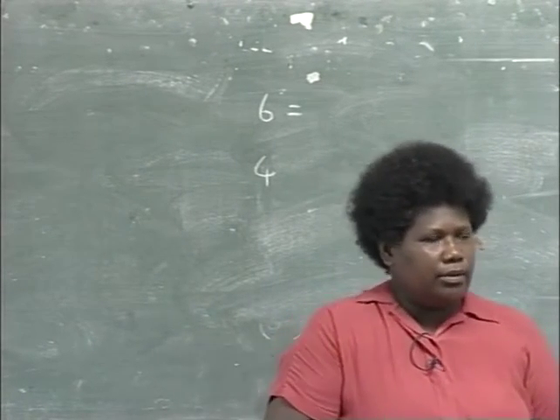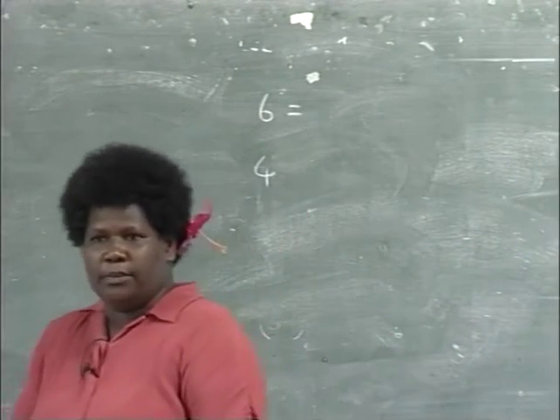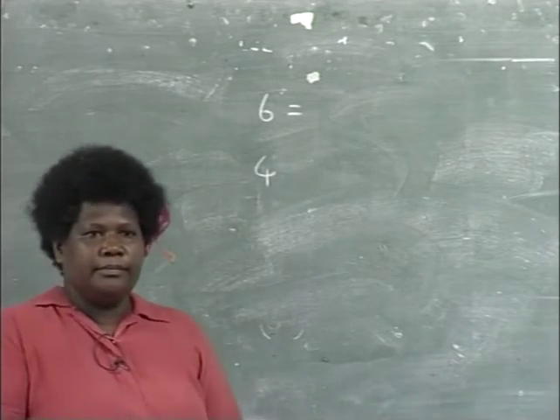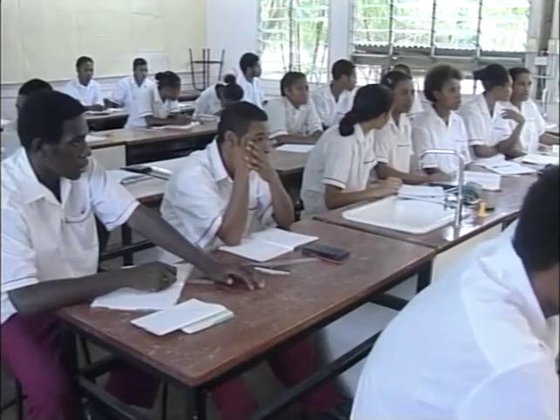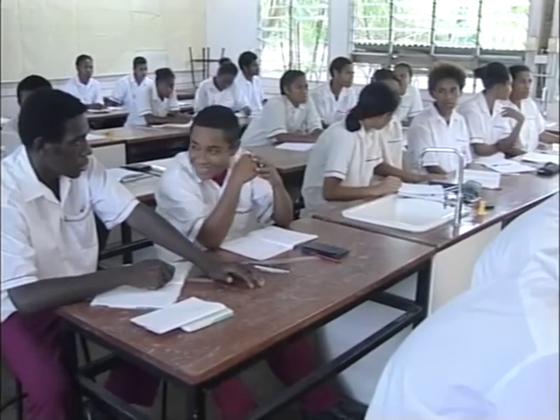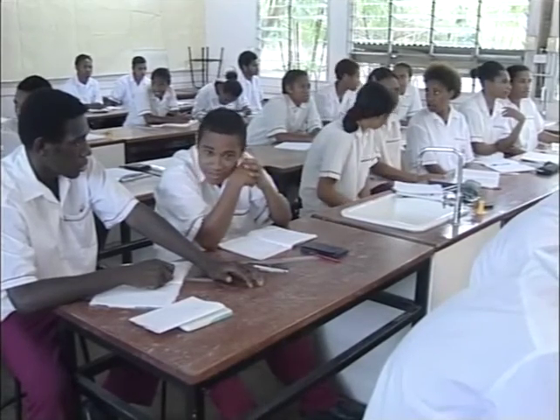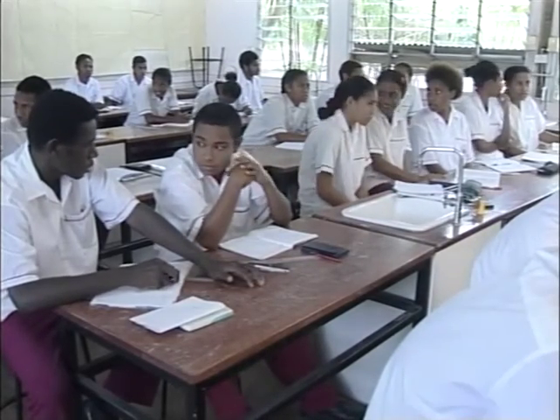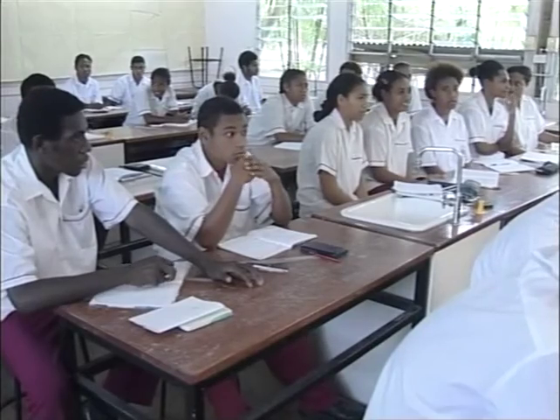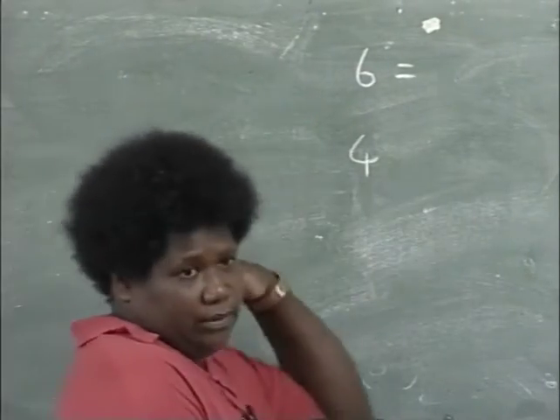Anyone remembers how you were taught on how to find the lowest common multiple? Come on. Try. You find the factors of 6 and 4. Okay, she says find the factors of 6 and 4.